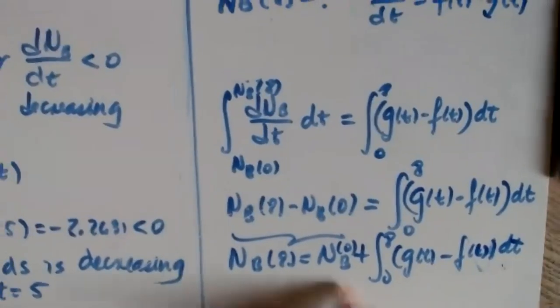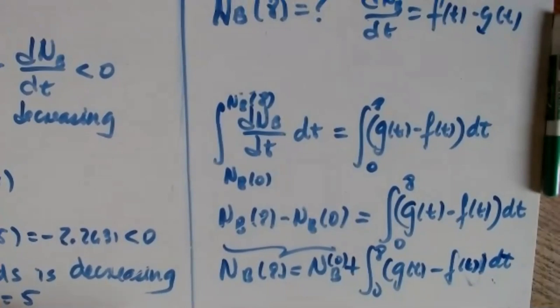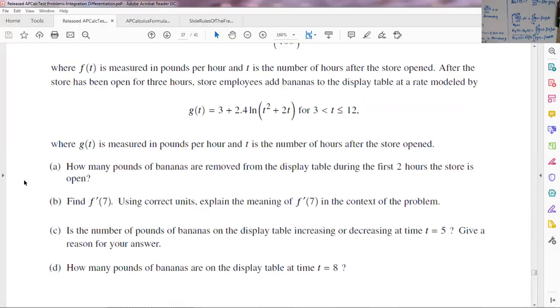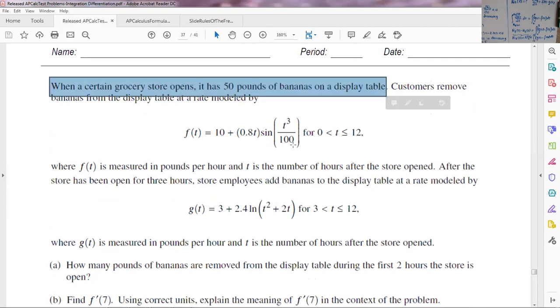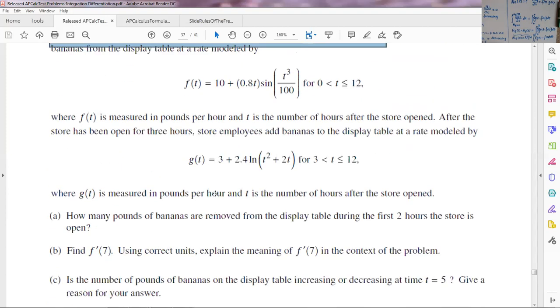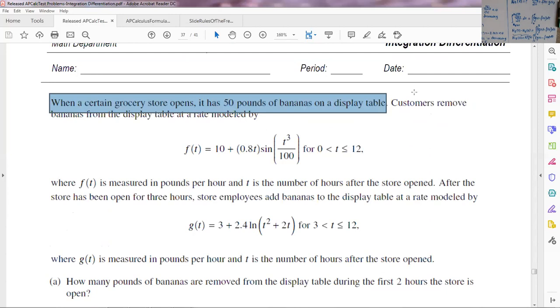So again, we have to do this one. How much is N_B of 0? Okay, let me see the problem. The problem is right here. Aquí, it says, it has 50 pounds of bananas on a display table. When the grocery opens, there are 50 pounds of bananas on the display. So N_B of 0 is 50, correct?